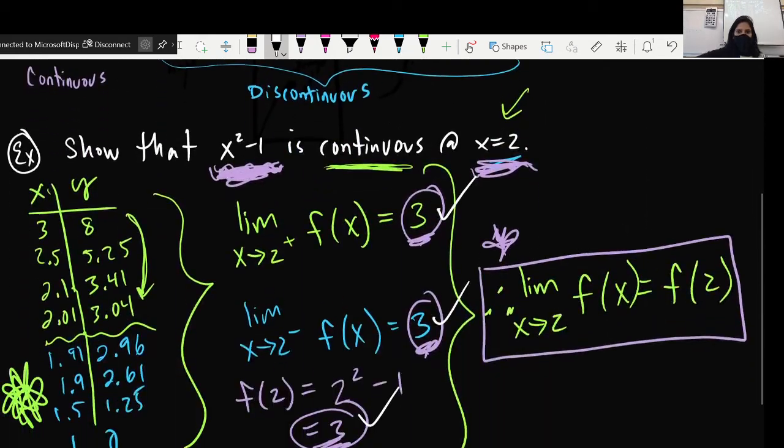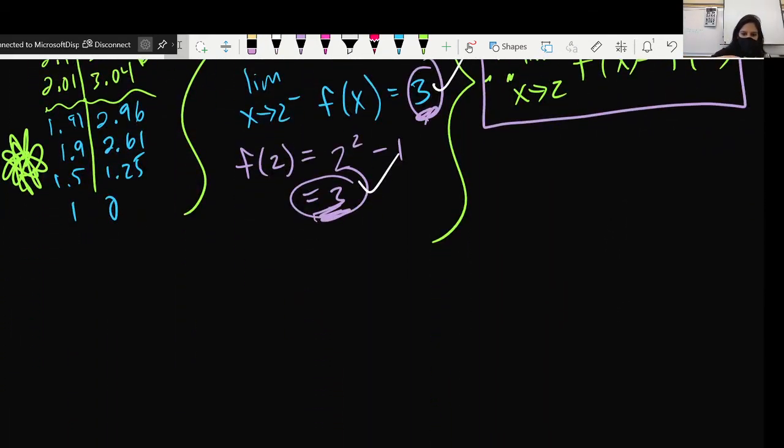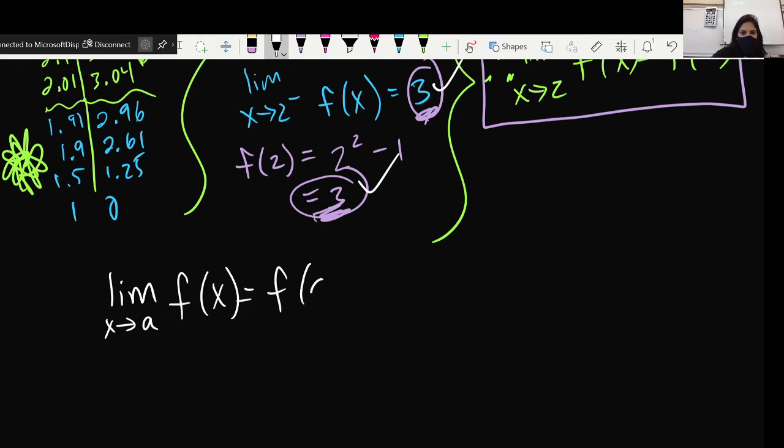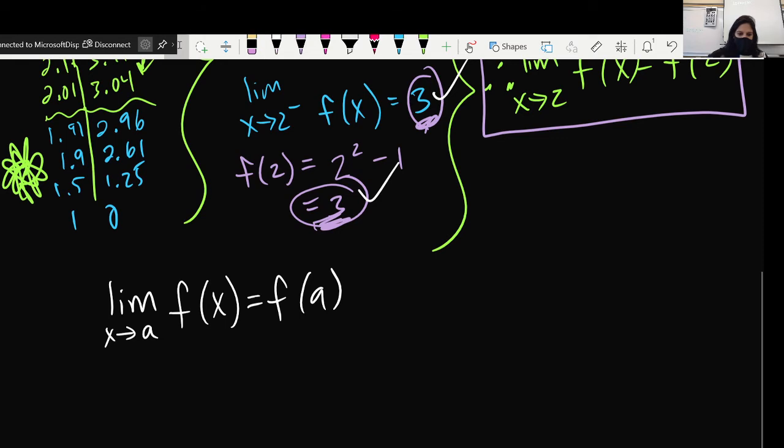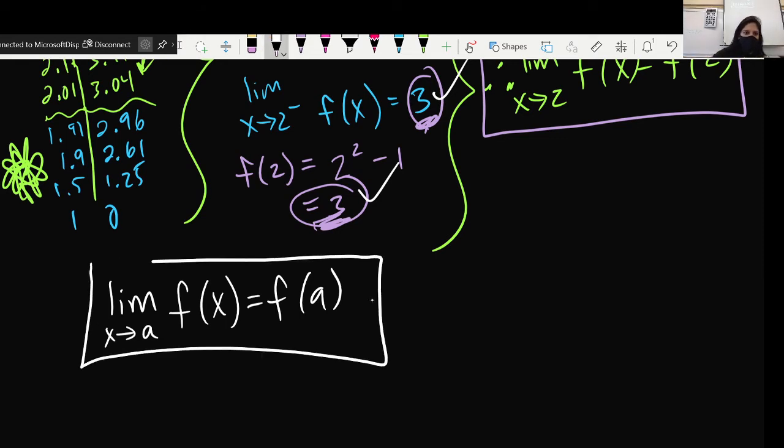Okay, let me write this down so that it's very clear. The limit as x approaches a, in the general sense for any function f of x, is equal to f of a, which is basically the work that we did above. This I'm going to put in a big box, put a star beside it because this is a big deal.